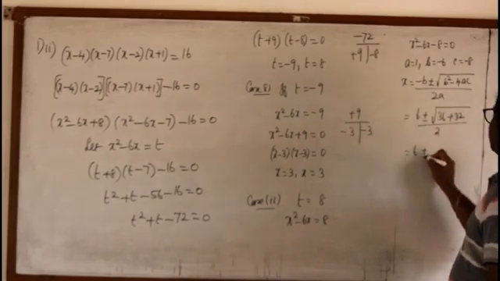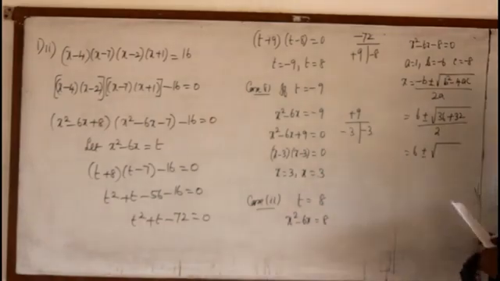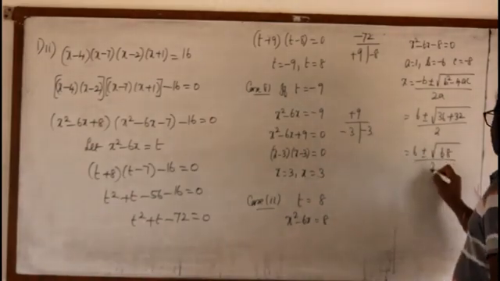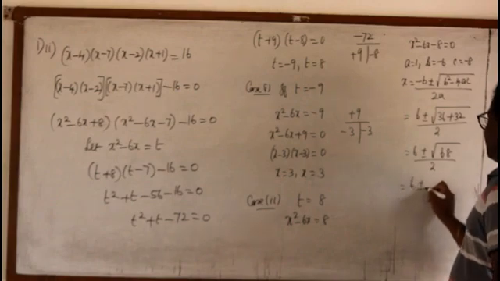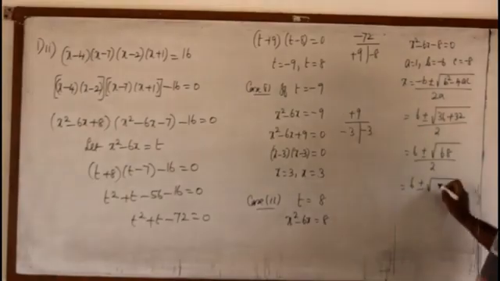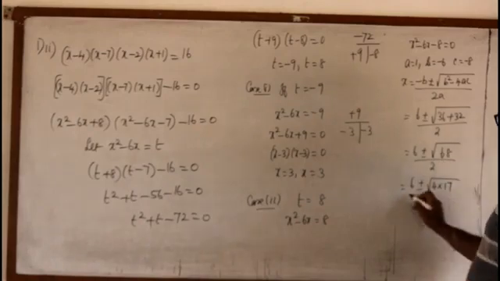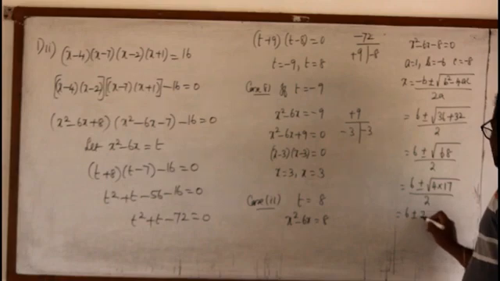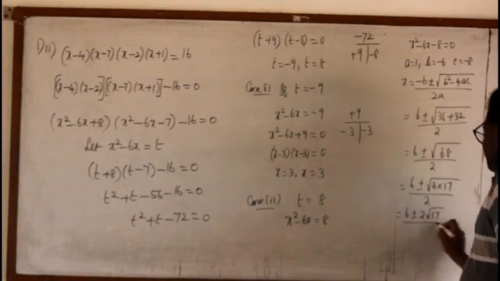It is 6 plus or minus root 68 by 2. 68 can be written as 4 into 17. So it is 6 plus or minus 2 root 17 by 2.